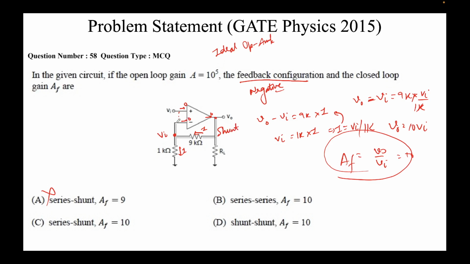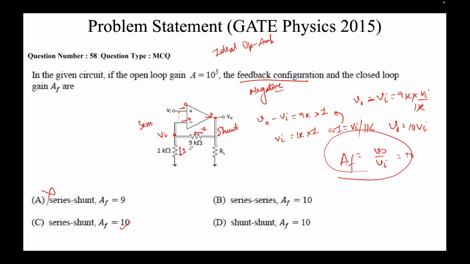On the other hand, we are feeding in series, because whatever current we are getting, we are feeding here; in this case it's 0. So this configuration is what is called a series-shunt configuration, and hence option C is the answer.